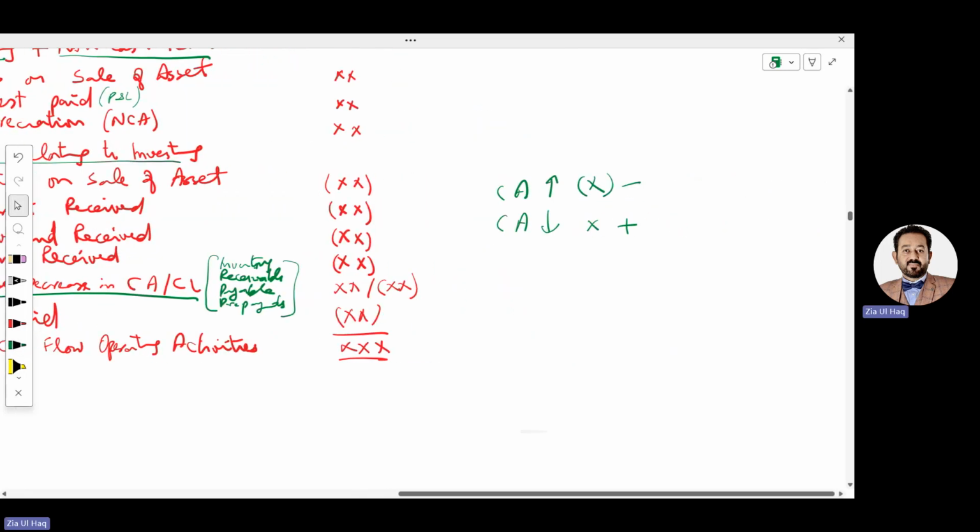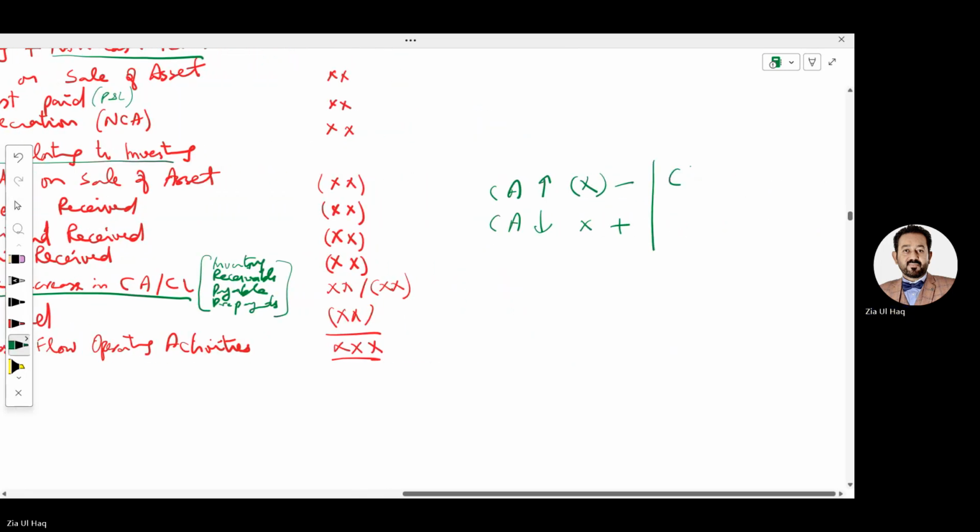And in case of current liabilities, if current liabilities are increasing, reversal effect, meaning positive. If current liabilities are decreasing, that will be negative. Current liabilities increasing means we are getting benefit from the supplier. So that is inflow. Current liability decreasing, how? We are paying cash. So cash is going out. That's why it is outflow, negative effect.